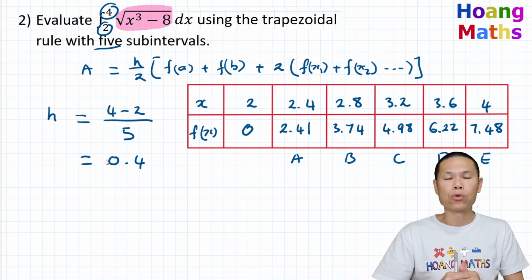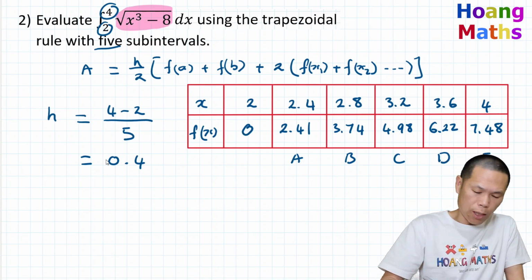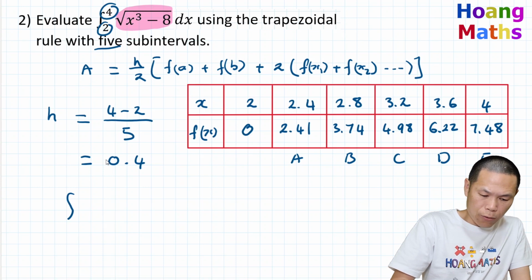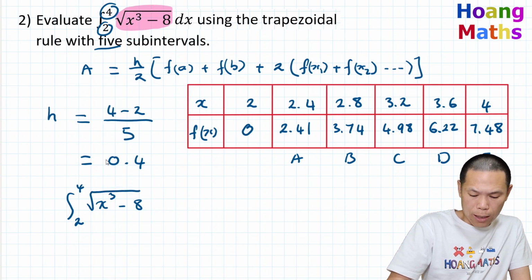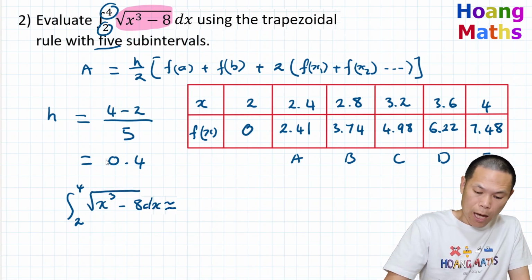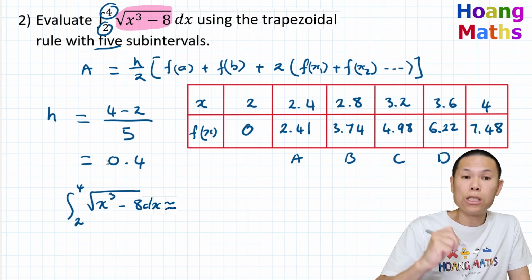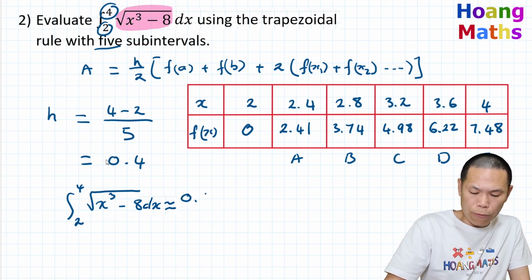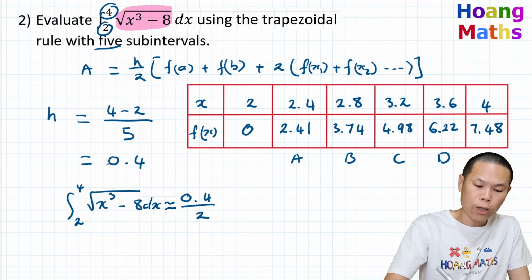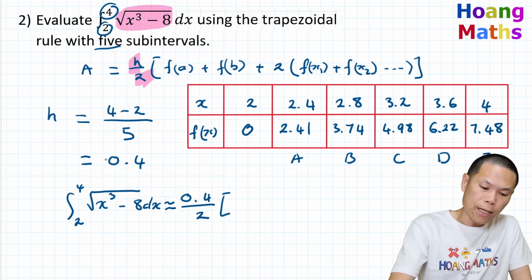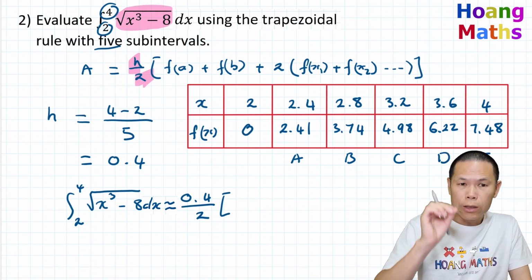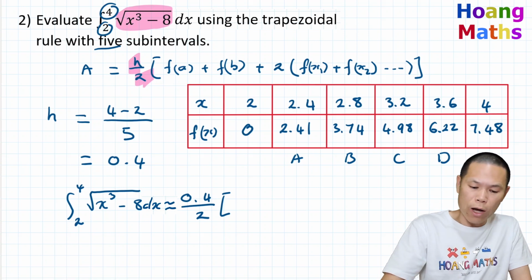Now I just need to use the trapezoidal rule to work this out. So evaluate from 2 to 4, the square root of x to the power 3 minus 8, which is approximately h over 2. H is 0.4, so 0.4 over 2, because I just follow this rule here, and then brackets, f of A. Now don't forget, all we need to do is take the first y value and add the last y value.